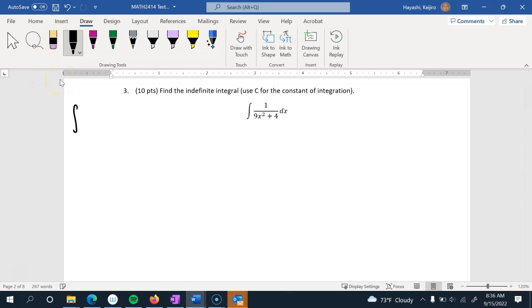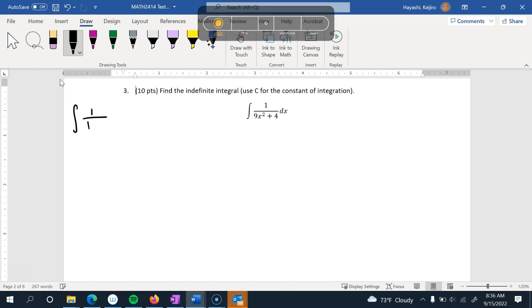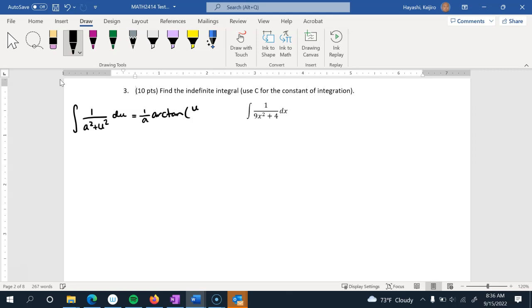So the integral that becomes arctan: if you have 1 over a squared plus u squared, or u squared plus a squared, it doesn't really matter, du, this equals 1 over a times the arctan of u over a plus c.